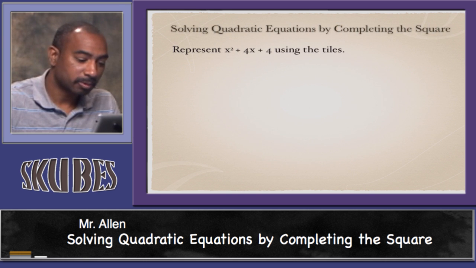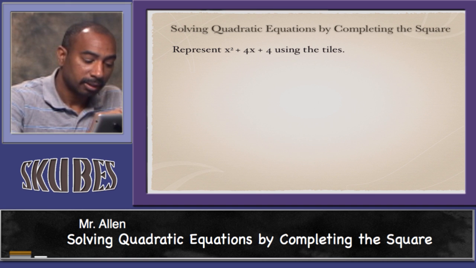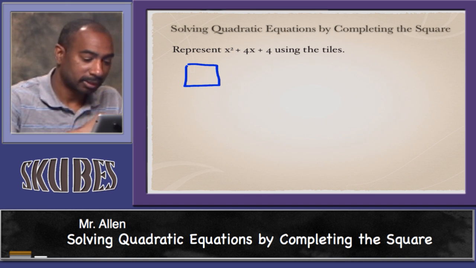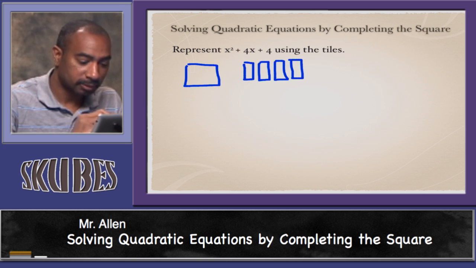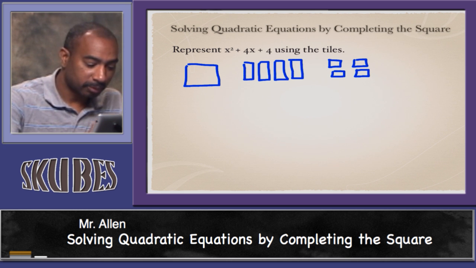All right, let's represent x squared plus 4x plus 4 using the tiles. I have 1 x squared, so I'm going to put one big square. I have 4 x's, so I need 4 of these. And I'm going to use 4 of the 1's. So I could write it like this.